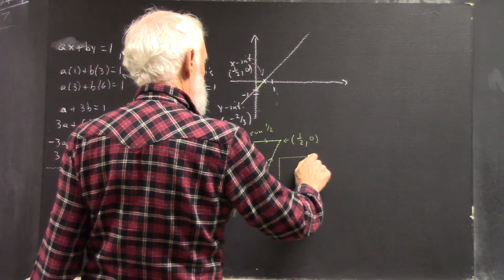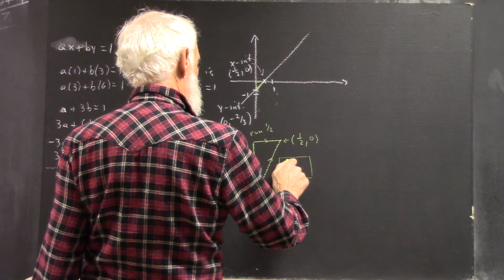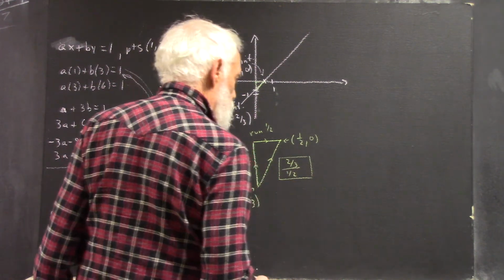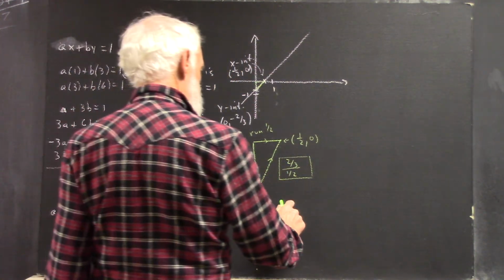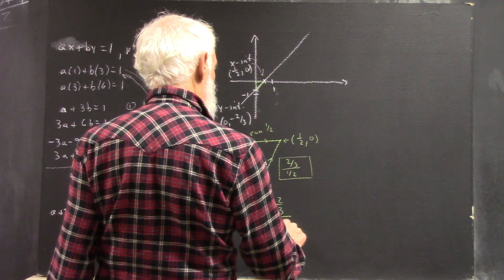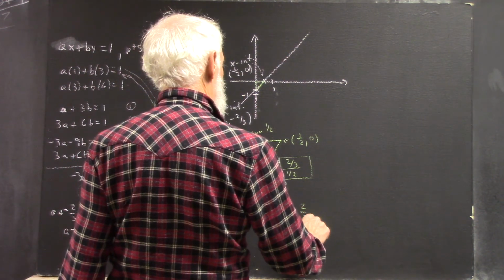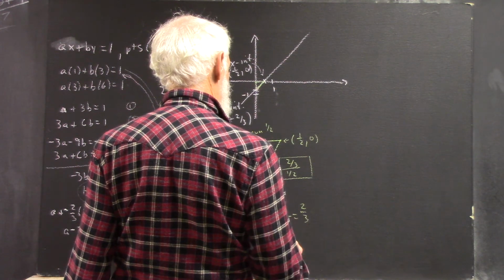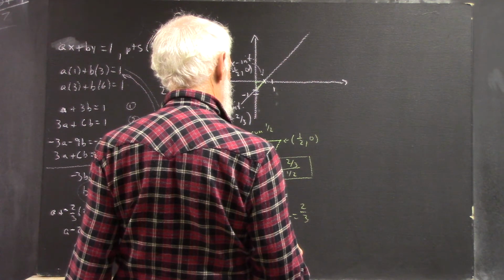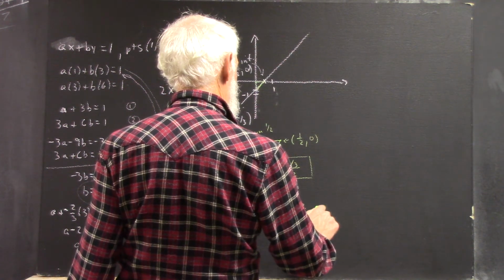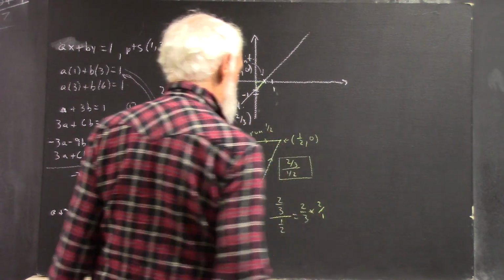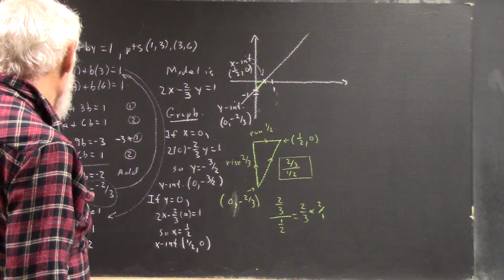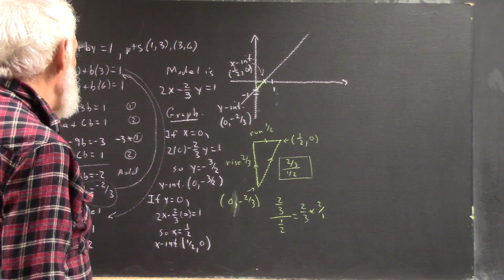So your slope is 2/3 over 1/2. Well, 2/3 divided by 1/2 is 2/3 times 2 over 1. It looks like I've got a mistake. So that's giving me 4/3. Let me look at my equation. No, that's right.